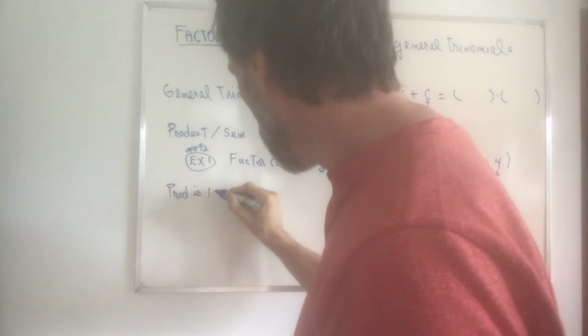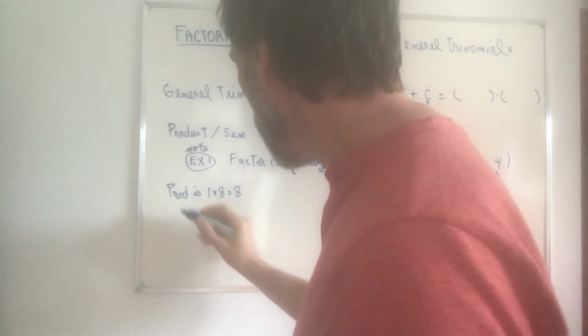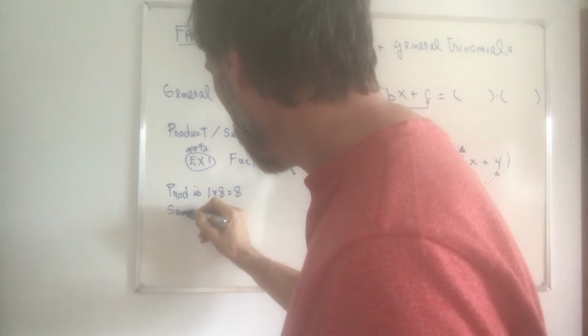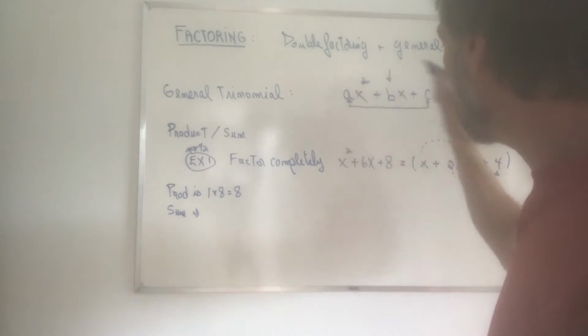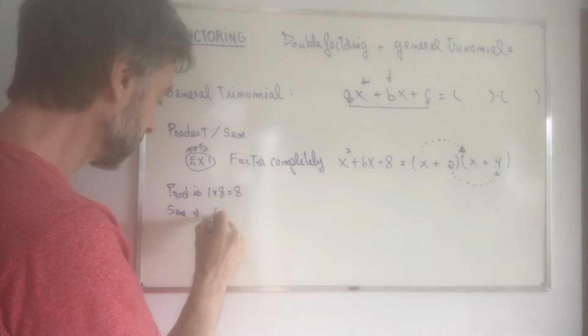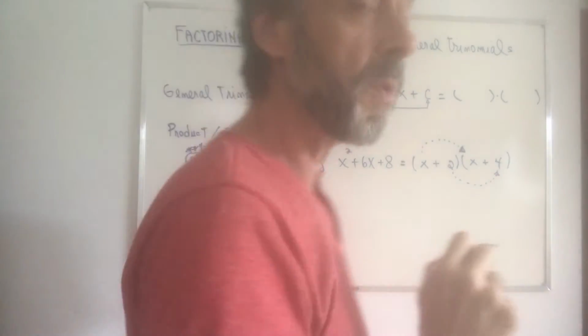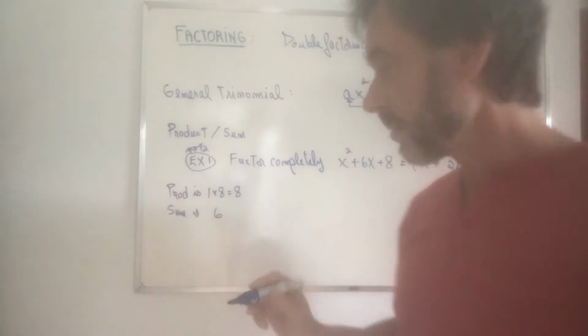So the product is 1 times 8, which is 8. And the sum has to be the middle term, the b. So the coefficient of x, which is 6. So now we're looking for two numbers whose product is 8 and whose sum is 6.